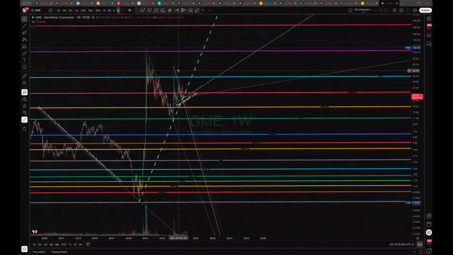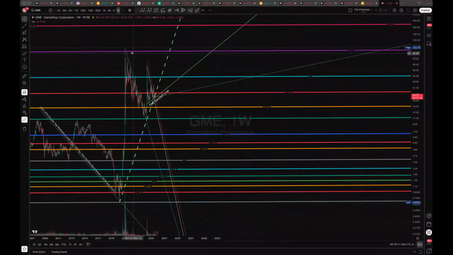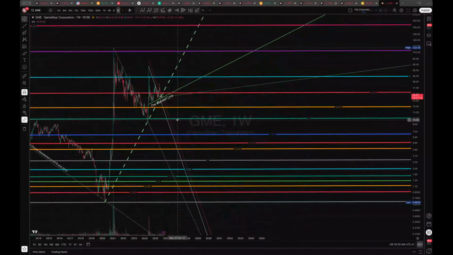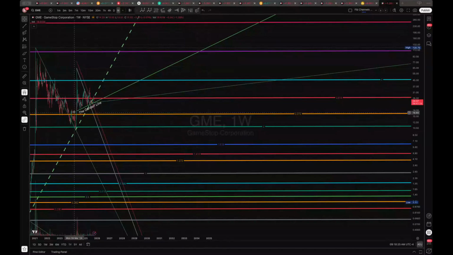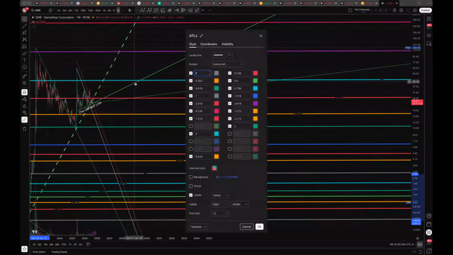I have to scroll so far to the right. It's actually the 3.618. Hits the 3.618 fib, comes back and tests the 2 Fibonacci level, and then I may actually want to put additional, yeah, there's the 3.414, another one of these resistance levels in here.